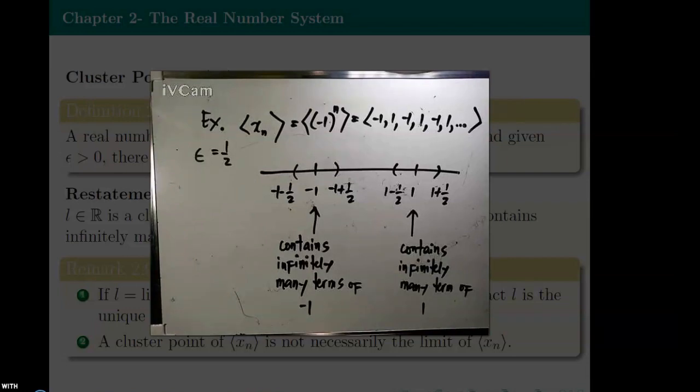So we have these terms here: negative 1, 1, negative 1, 1, and so on. We let epsilon equal 1/2. As you can see, we do have two cluster points, negative 1 and 1. This is the open interval negative 1 minus 1/2, negative 1 plus 1/2, and so on. Here, it contains infinitely many terms of negative 1, and here, it contains infinitely many terms of 1. And that's it.